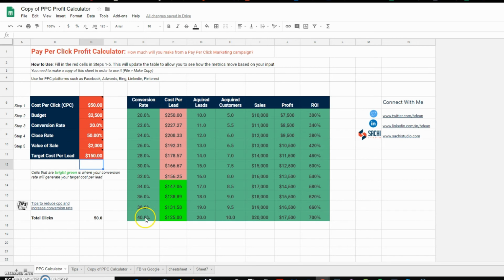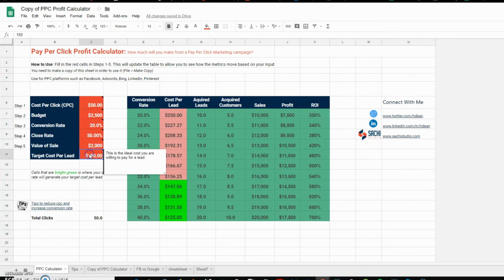At a 40% conversion rate, my CPL will drop to $125. And these cells in pink stay pink because they're above my target cost per lead. So it's not enough for me to get a 30% conversion rate, because that would give me a $166 CPL.